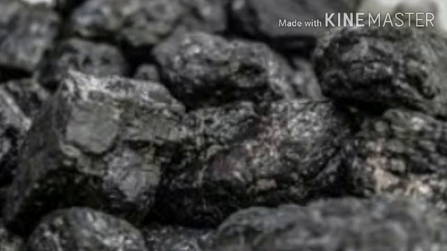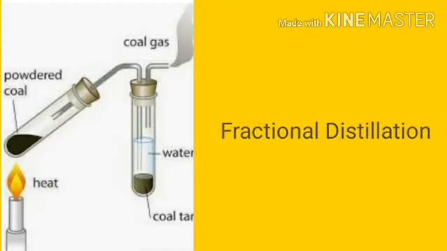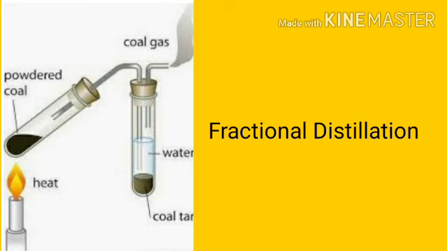I will tell you about coke. Coke is a tough and porous black solid substance. It is prepared by heating coal in the absence of air. When coal is heated in the absence of air, then coal gas and coal tar are eliminated and coke is left behind as a black residue.